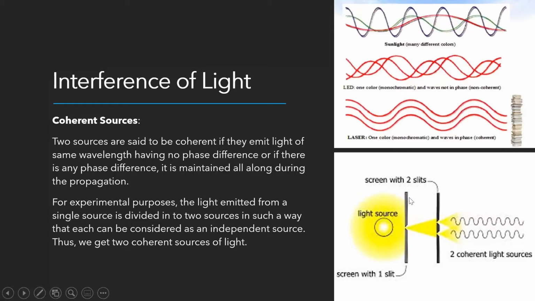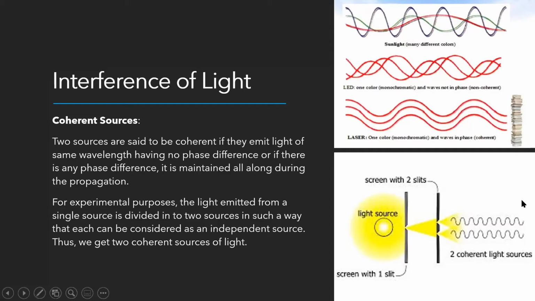So here we have a small slit on a screen. So the light ray comes through the small slit. Then we have placed another screen with two closely spaced slits. So the light rays coming from these two slits act as coherent sources.